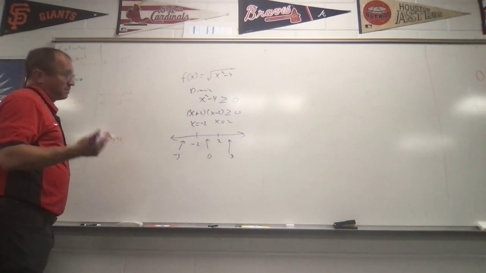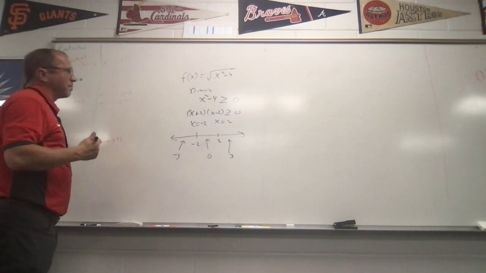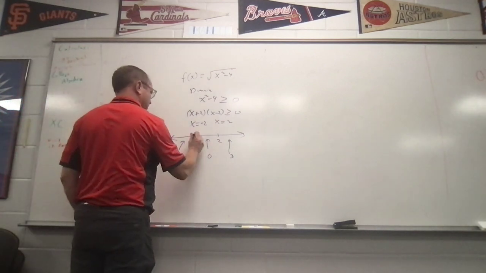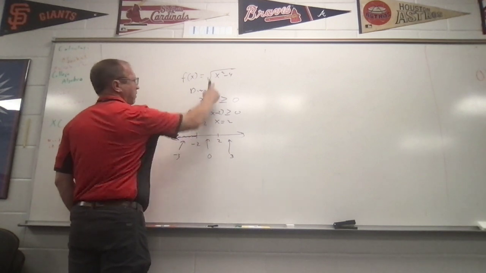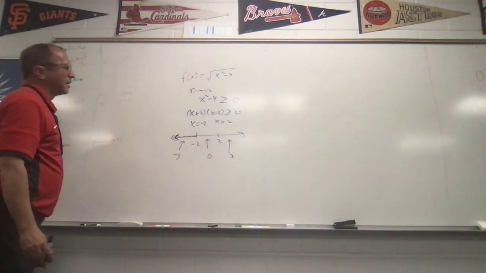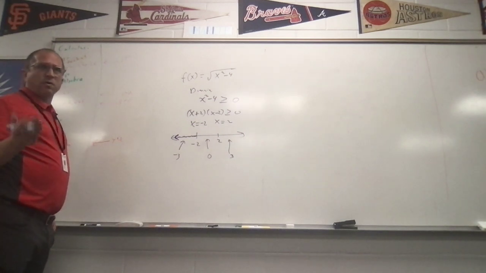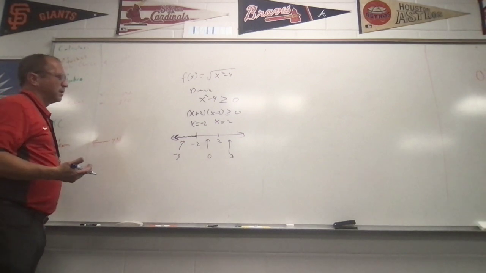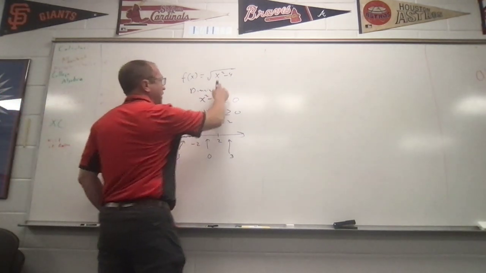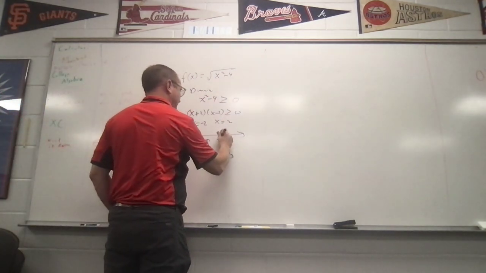Square root of 5 is a number, right? So this works. All right. What about 0? 0 minus 4 is negative. We can't get a square root that's negative, can we? So it doesn't work. 3 gives me a 5, which I can take the square root of, so it's positive.